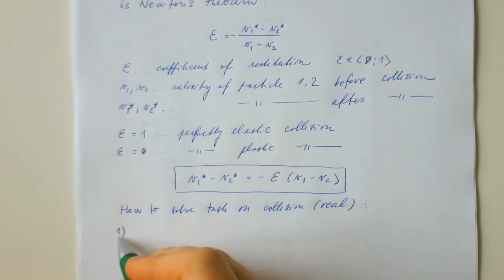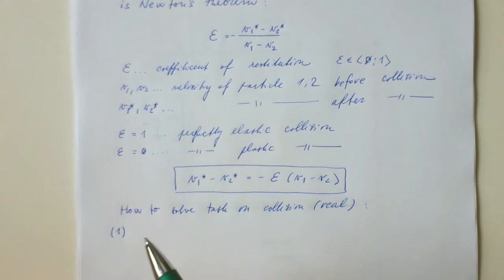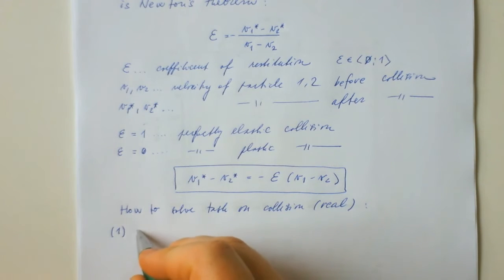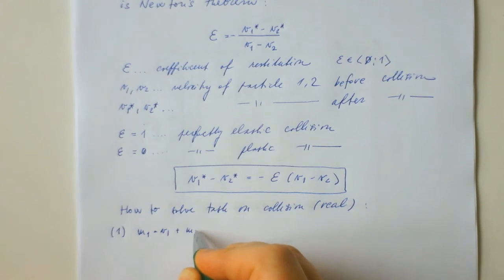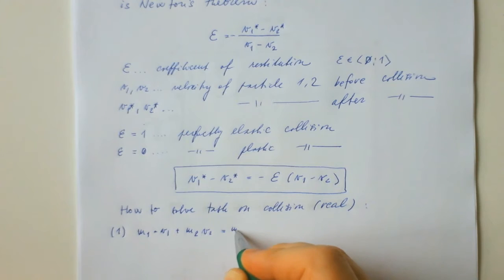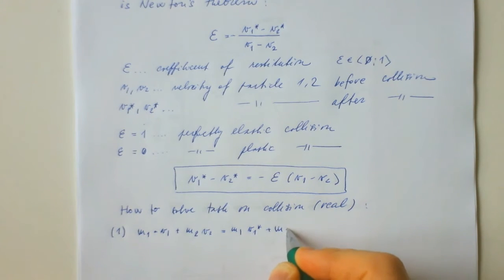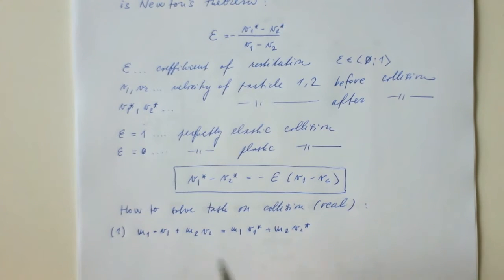First, what is applicable almost any time is the law of conservation of momentum: m1 v1 plus m2 v2 is equal to m1 v1 star plus m2 v2 star.